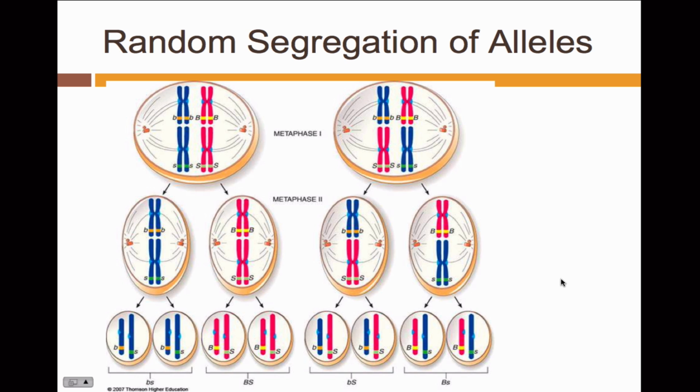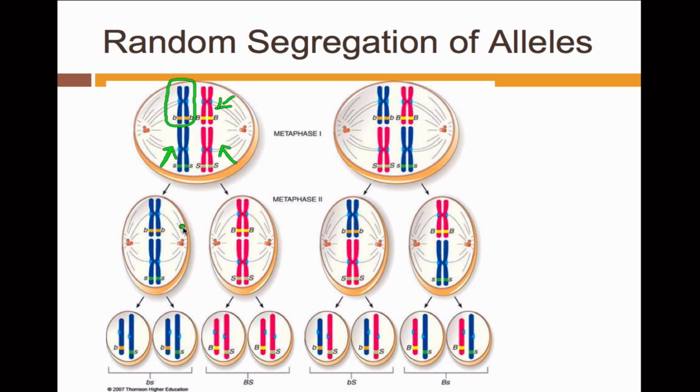Mendel also figured out that alleles segregate randomly, and what this means is that when these alleles line up on the metaphase plate during meiosis, it's random as to how they line up. Now it shows that this chromosome is here in this position, but it could have just as easily been in any of these other places. There's no pattern to how they line up.